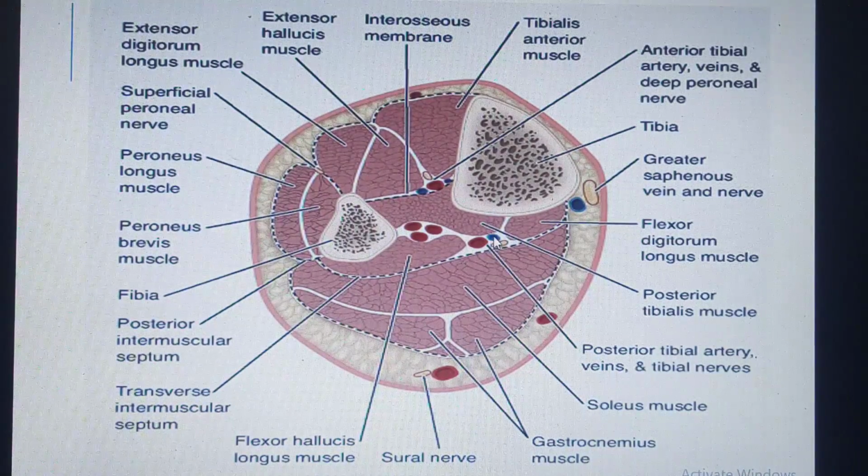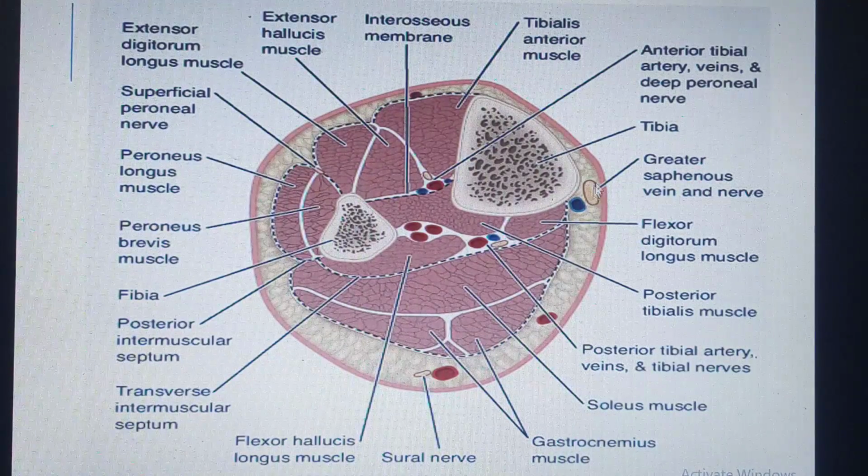Now I told you that in the posterior compartment of the leg, separating the deep muscles from the superficial muscles will be a band of fascia, which forms what we call the transverse intermuscular septum.